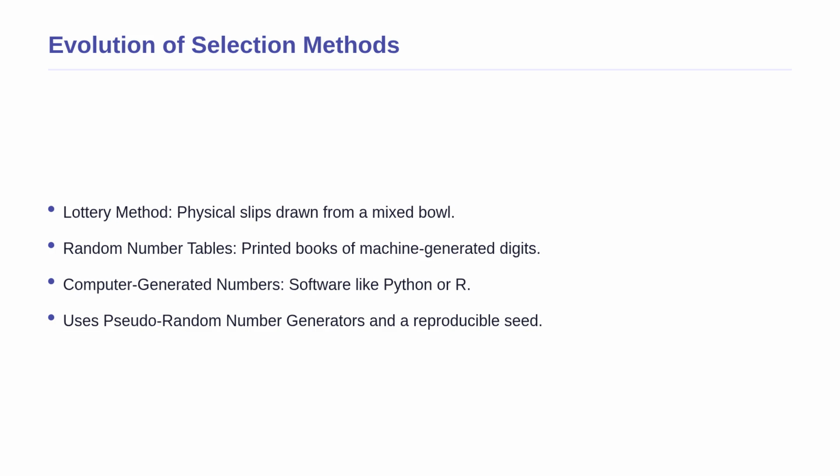Today, virtually all professional surveys use computer-generated random numbers. Software like Excel or Python uses complex formulas called pseudo-random number generators. By setting a digital seed, we ensure the computer's lightning-fast random choices can be perfectly repeated and verified by other researchers, completely eliminating human bias.